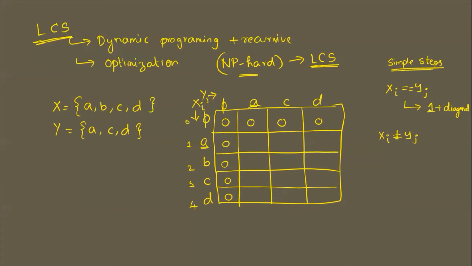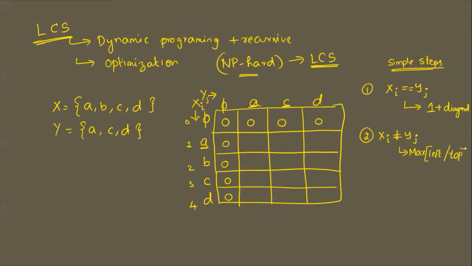So in that case, 1 plus whatever the value present in the diagonal that you have to write. This is the first step. And then if the values are completely different, let us say A, if I am considering this character C, so both are different. In this case, you have to take the maximum value, whether it is present in the left cell or top cell.